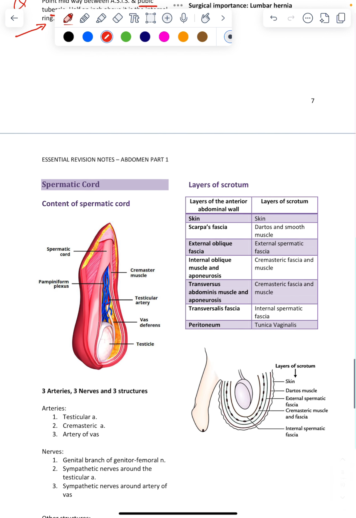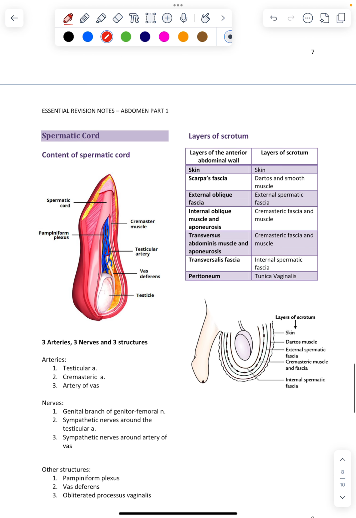Contents are this. This is again the layers of the scrotum. Skin is continuous. Scarpa's fascia, what we have seen. Camper's is superficial and Scarpa's is deep in the abdomen, which continues as Colles fascia in the perineum, but here it continues as the dartos muscle.